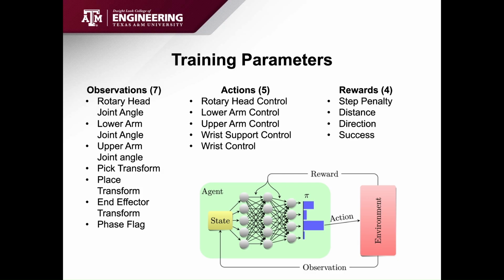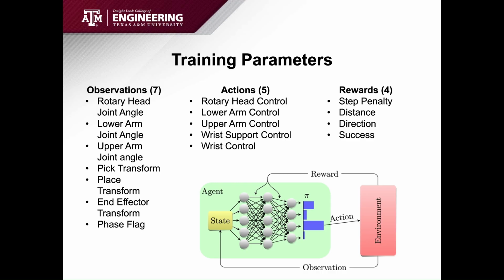For mine, I chose 7 observations: the 3 states of the main joint angles, the 3 transform positions that are relevant, and also a phase flag for state transitions. The actions are the joints that are controlled in real time at each time step.